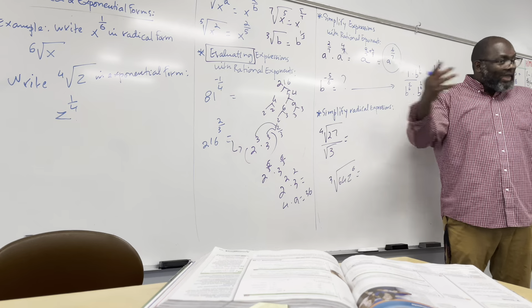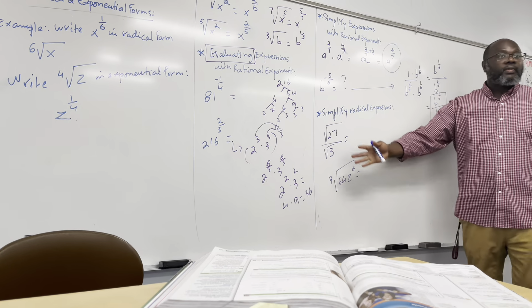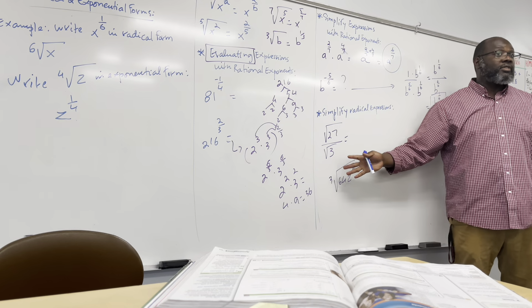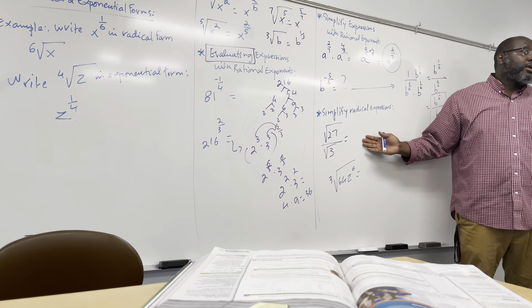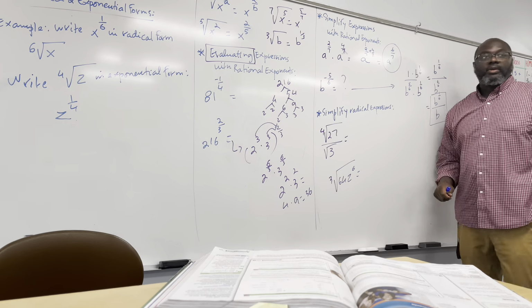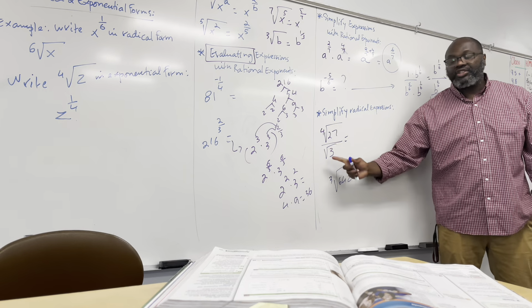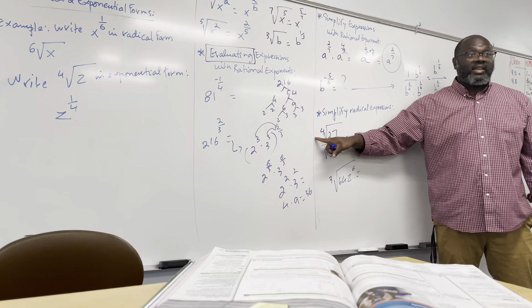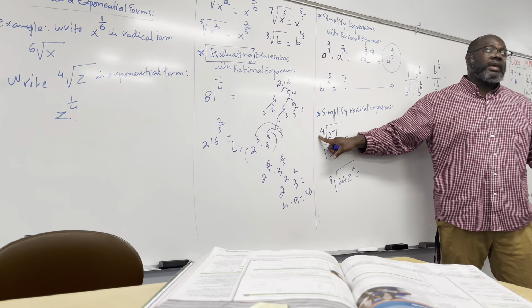So I cannot divide them. But if this was just square root of 27 over square root of 3, I could have done it, and that would have given me square root of 9, which is 3. But unfortunately, we have this here, so you can't divide these two if they do not have the same roots. I'll repeat that again. You can't.